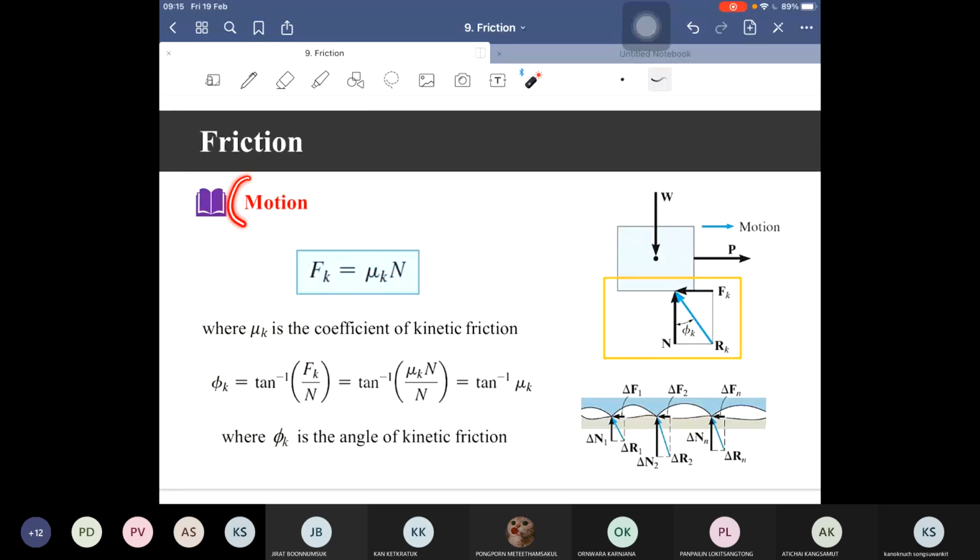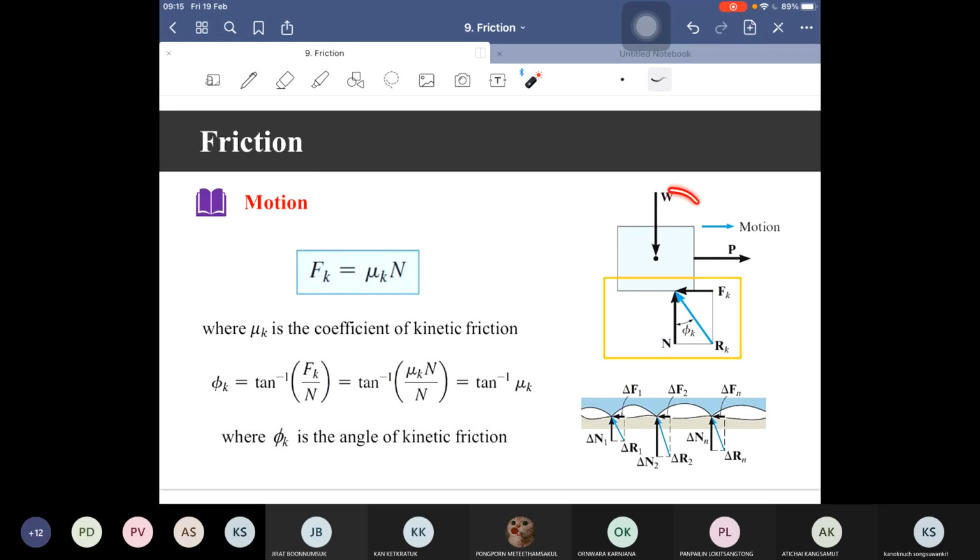Now in case of motion, the static friction Fs will become the kinetic friction Fk. In the same manner, Fk is directly proportional to the normal force N, but the constant will become mu k, that is the coefficient of kinetic friction.